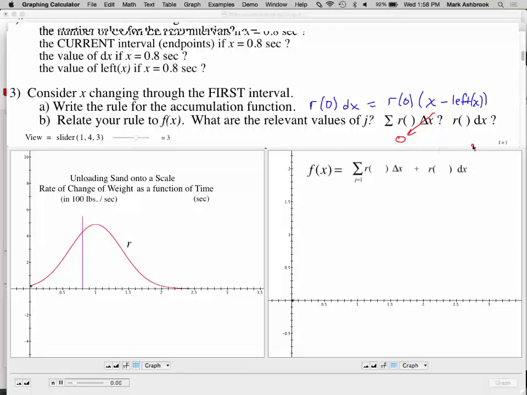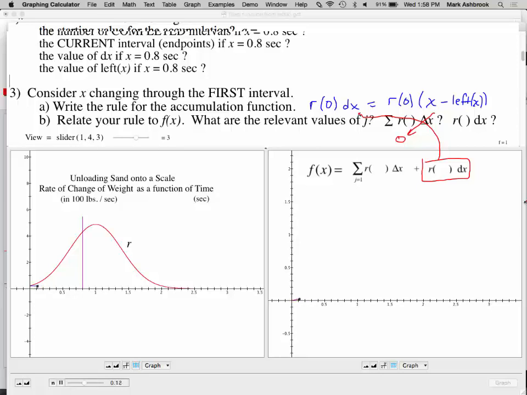There are no relevant values of j, because j will count through the completed intervals. So then this is what we have in the first interval. All we have is this part, which we did. R sub 0 dx. So when we're in the first interval, we're just looking at that right there. That's our function. Does that make sense?